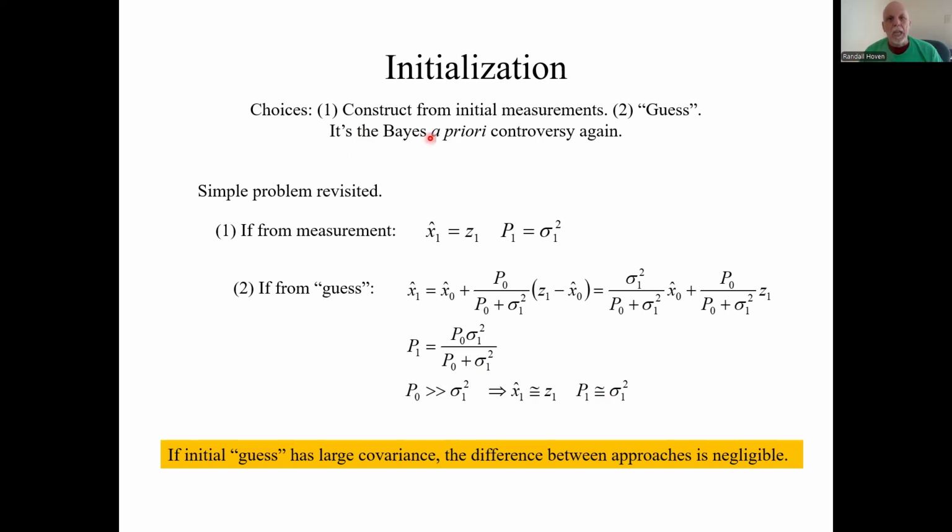This is that Bayes estimation controversy. Where did you get these initial guesses before you got any measurements? You could make an argument, like if you're trying to track another airplane with a radar, you know what kind of detection range your radar has.